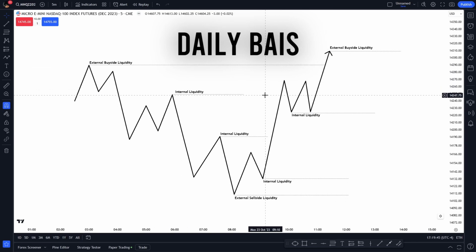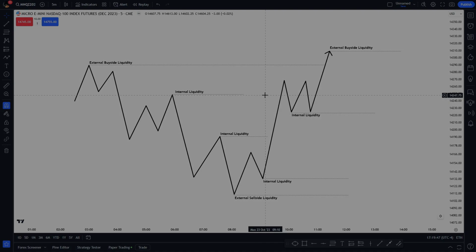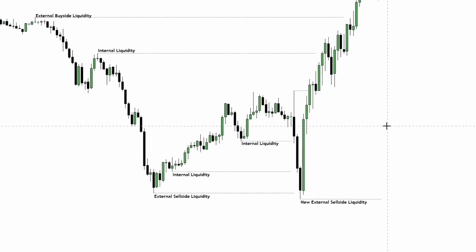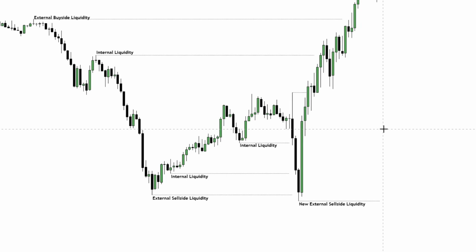And I'm going to show you an example of a real chart now. Okay, so this would be a perfect example. This is from today, of external and internal liquidity, right? So we have the range here, this being the range high, meaning that this is external buy side liquidity. This being the external sell side liquidity because before this low was made, this was the lowest point of the range. So this would be external sell side liquidity, right?